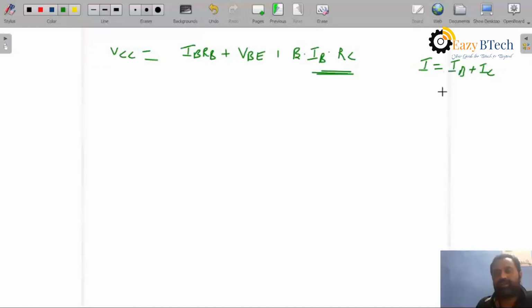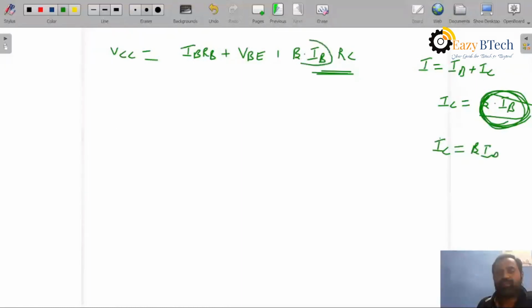Now we will write IC is equal to beta into IB, the collector current, so beta into IB into RC. That is why we are writing this. In place of IC, we are writing beta into IB.